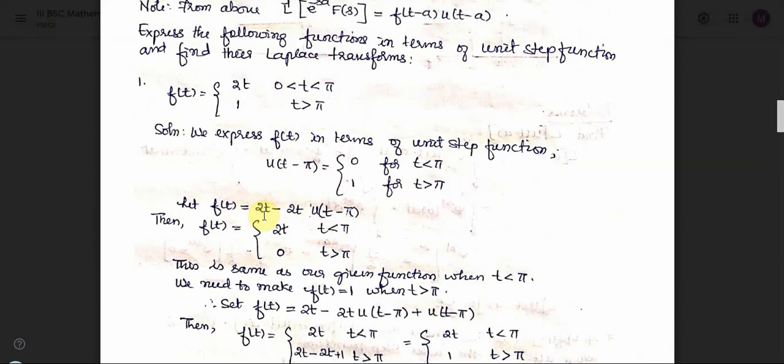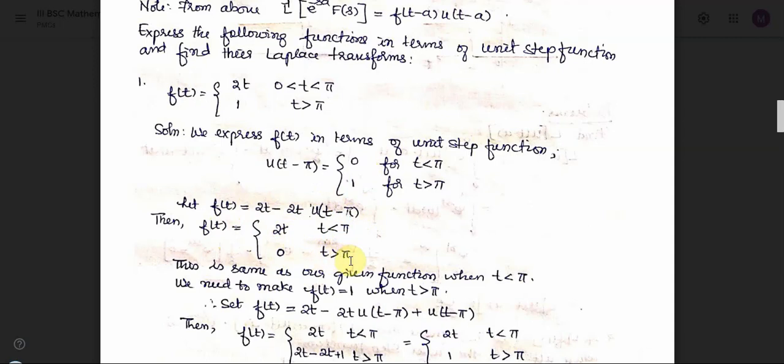So if I write f of t as 2t minus 2t into u of t minus pi, then what happens to this value we will see. If t is less than pi, then this function is going to be 0. So in this function only 2t is left. Therefore, if t is less than pi, the second part is 0 by definition of u of t minus pi, and therefore f of t will be equal to 2t.